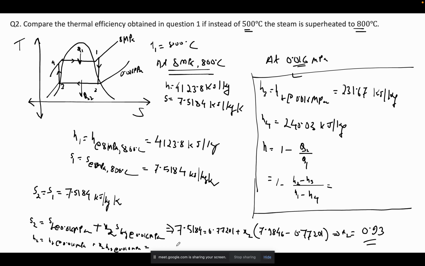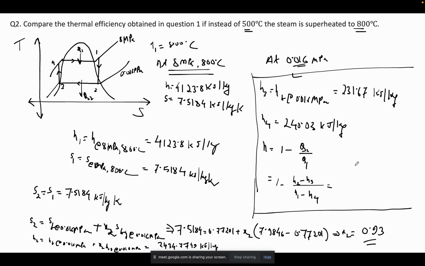From here H2 is 0.93 times (2600.6 minus 231.67) plus 231.67, which is 2434.7749 kilojoule per kg.